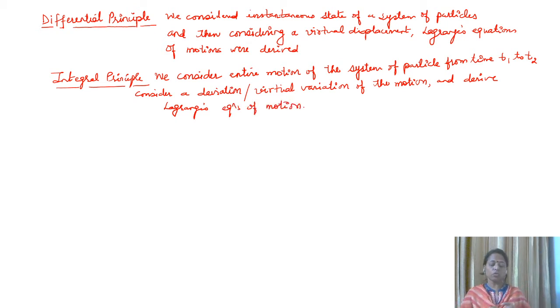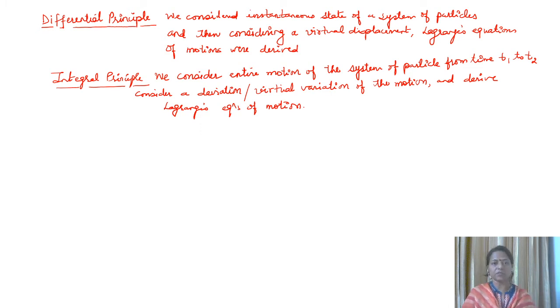And you know what we mean by entire motion of a system of particles? I have told you many times that by entire motion of the system we mean that the entire system of particles may be represented by a point, a system point in configuration space, and whatever path is described by it in the time t1 to t2 is the entire motion of the system of particles.